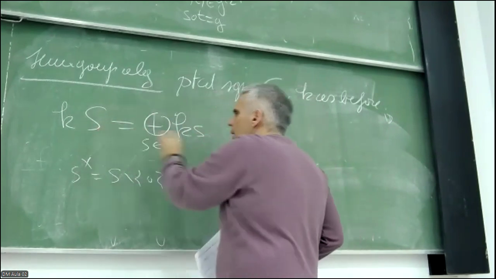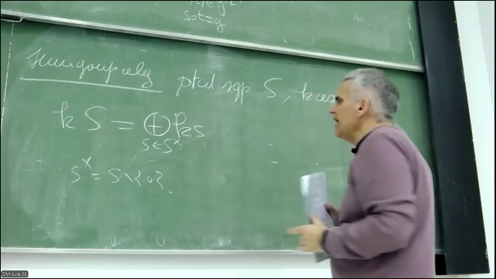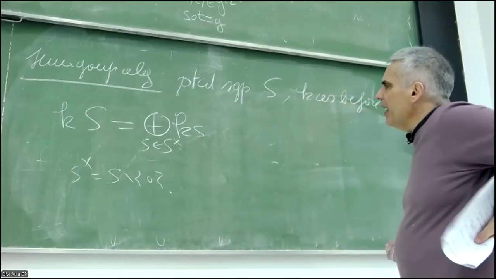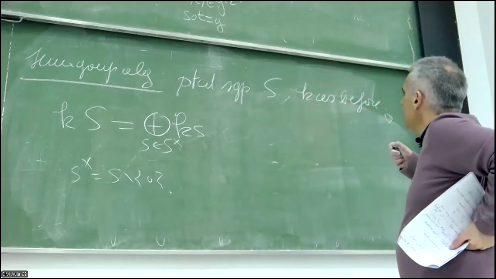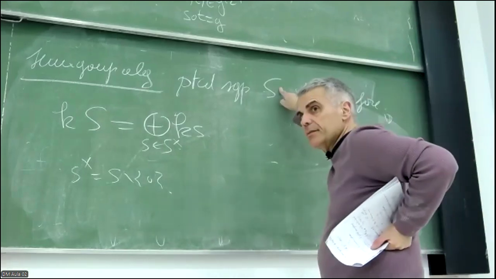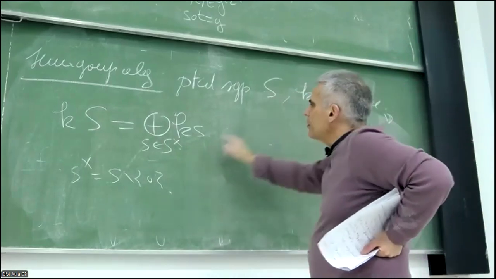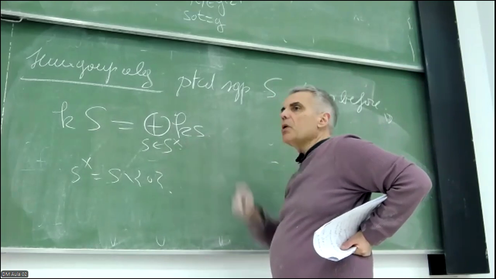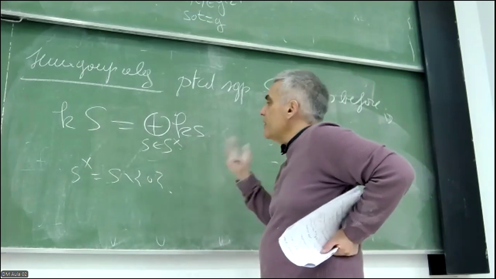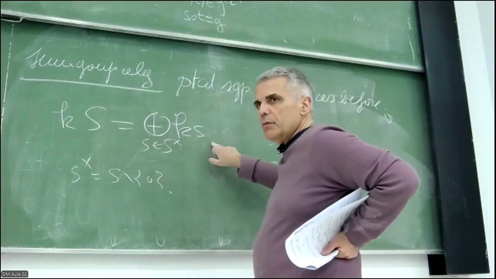Now, what happens if I multiply s and t and I get 0, the 0 of S? This is not in the list. So I want that to be defined as 0, the 0 of this K-module.